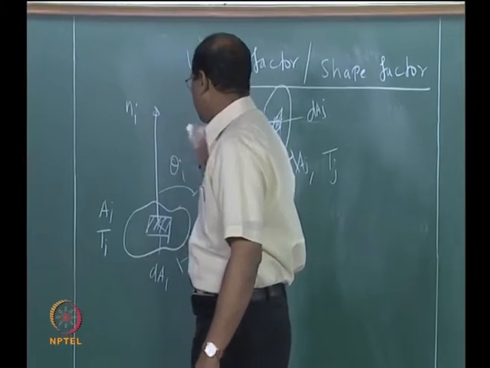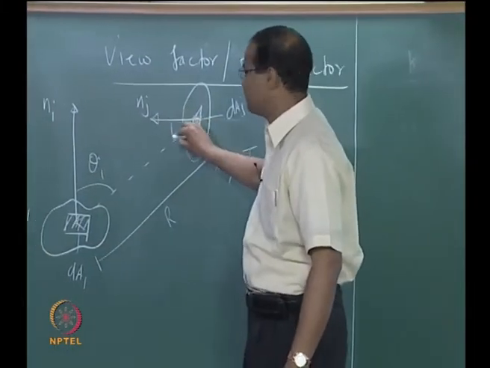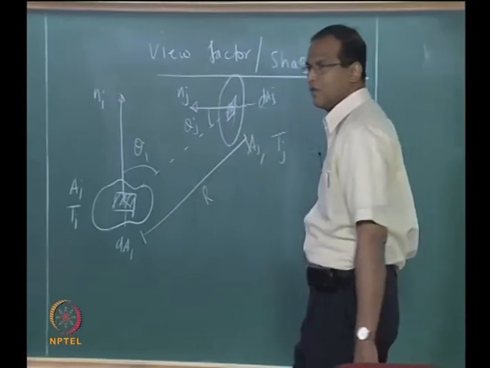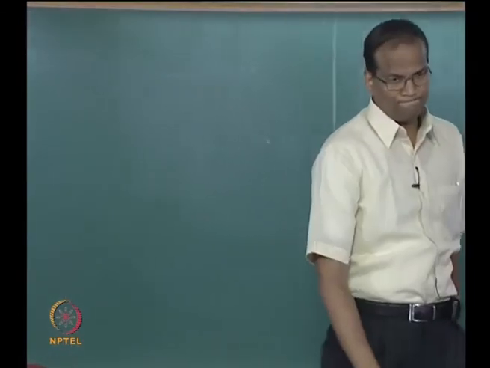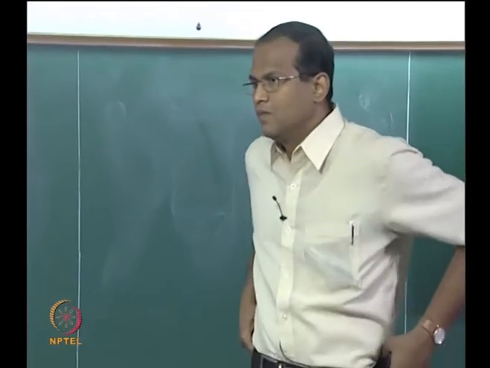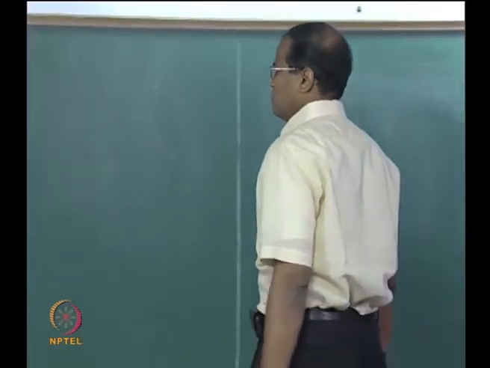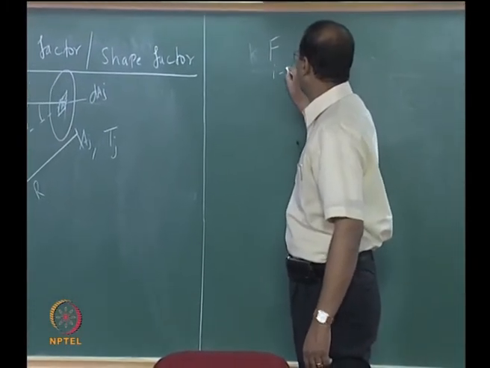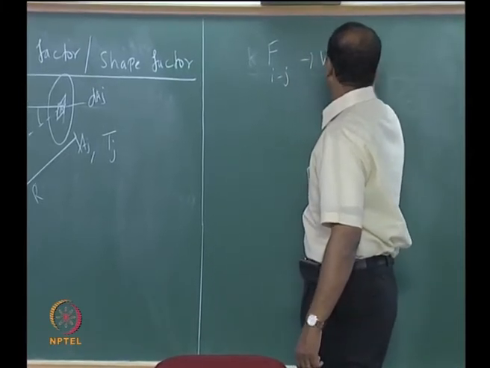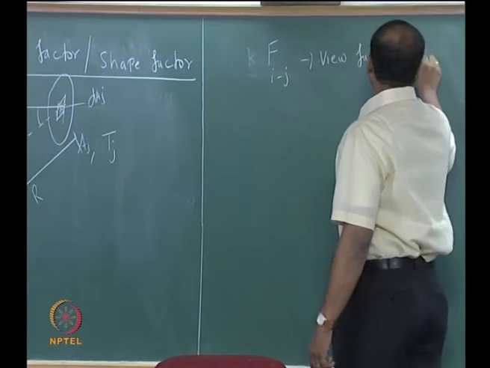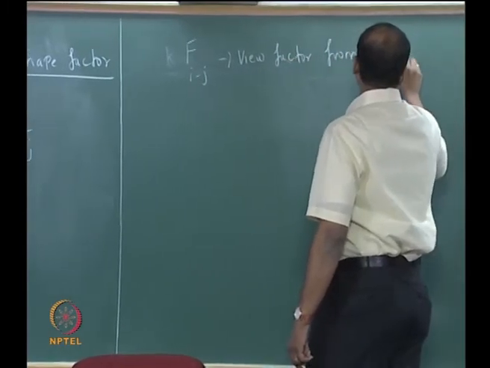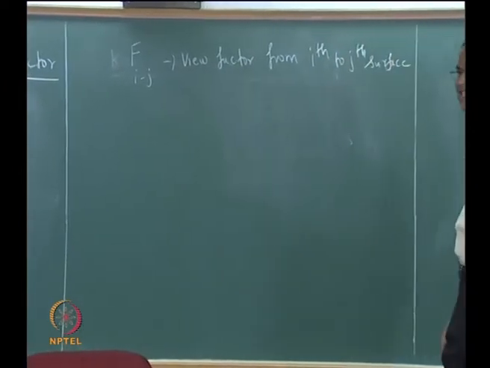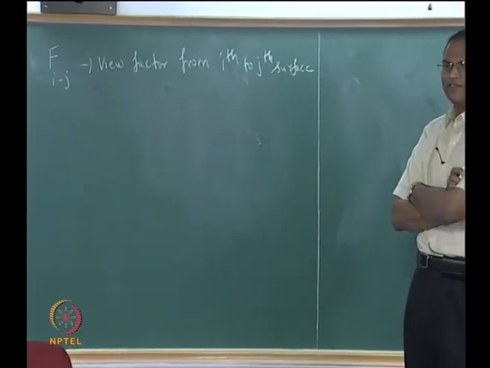This angle I call theta i, and this angle theta j. Fij represents the view factor from the ith surface to the jth surface.